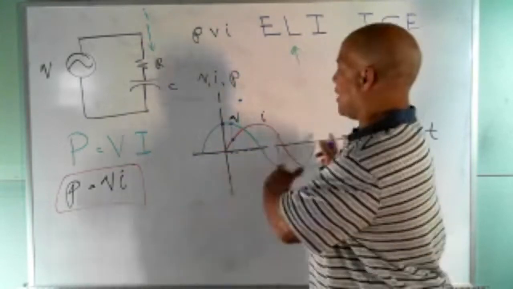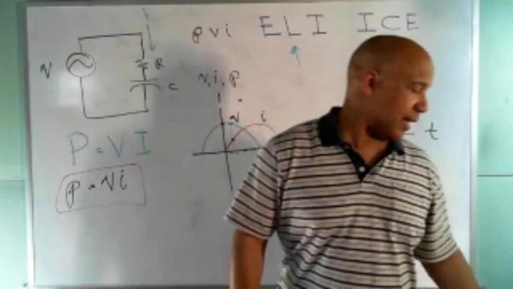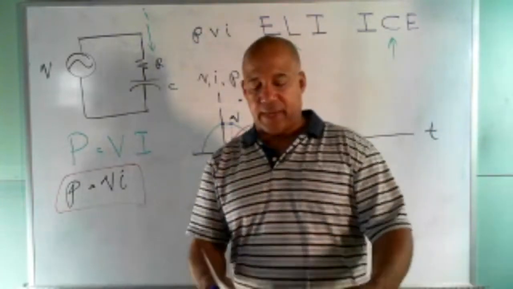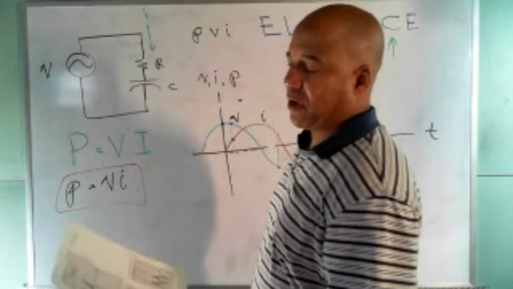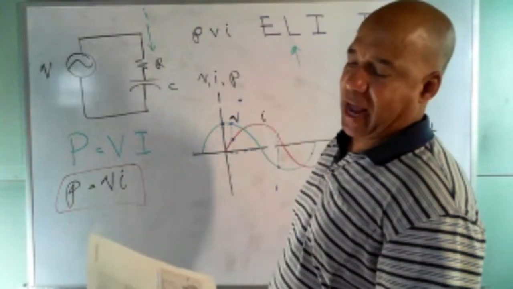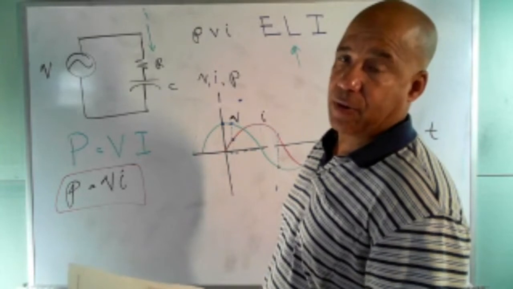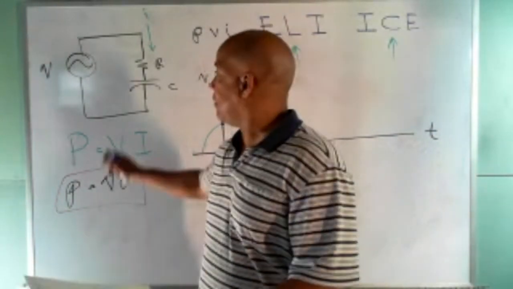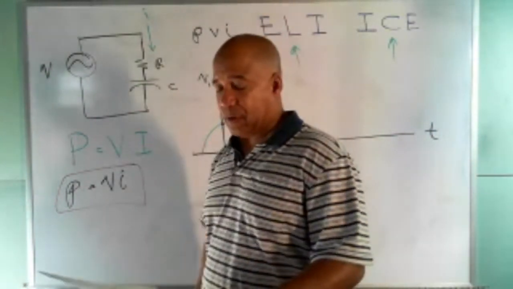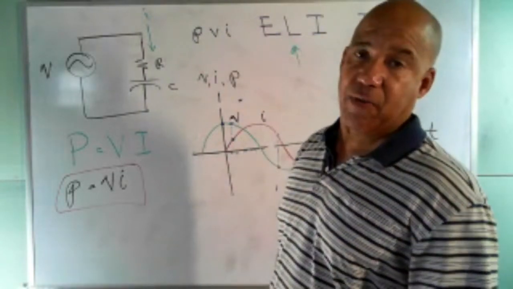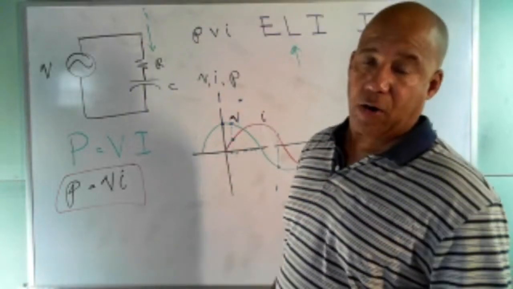And so I won't attempt to draw the next graph, but you have the handout there. Please look at it. You'll see, if you look at the very first graph, where we have only resistive elements, you see positive power. You look at the next graph at the bottom, the one we just got to talking about, where we have the capacitor, you see positive and negative power representing energy that's borrowed.